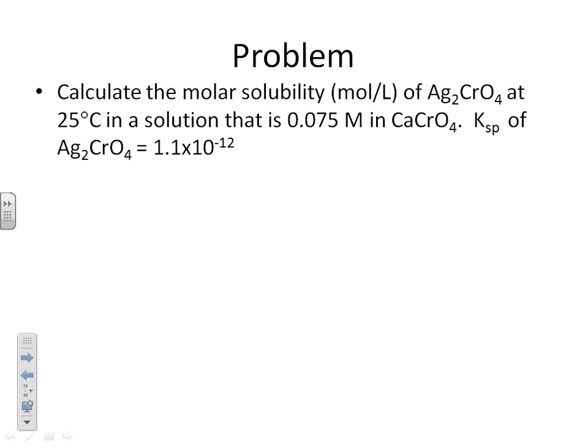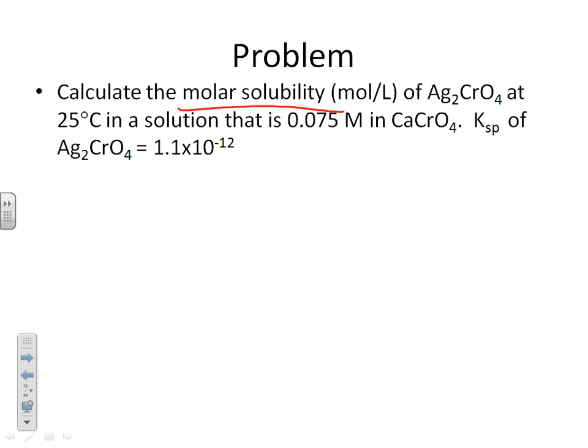And then doing one with Ksp. Very, very similar. This is all very, very similar. Calculate the molar solubility. Now remember, in Ksp problems, this might be how they ask you for something. The molar solubility, moles per liter, of silver chromate at 25 degrees Celsius in a solution that is 0.075 molar in calcium chromate. The Ksp value of silver chromate is 1.1 times 10 to the minus 12th.